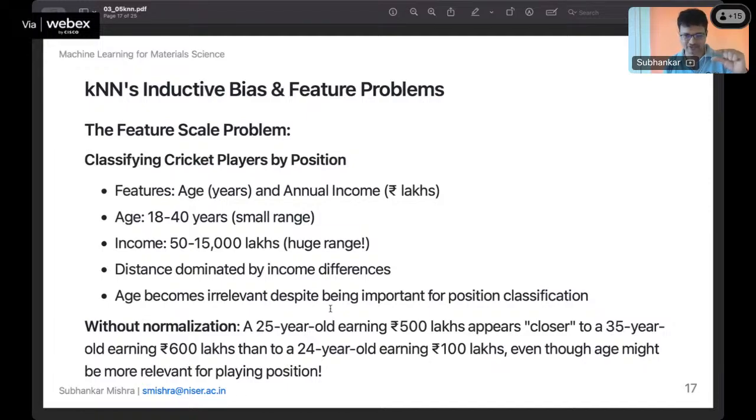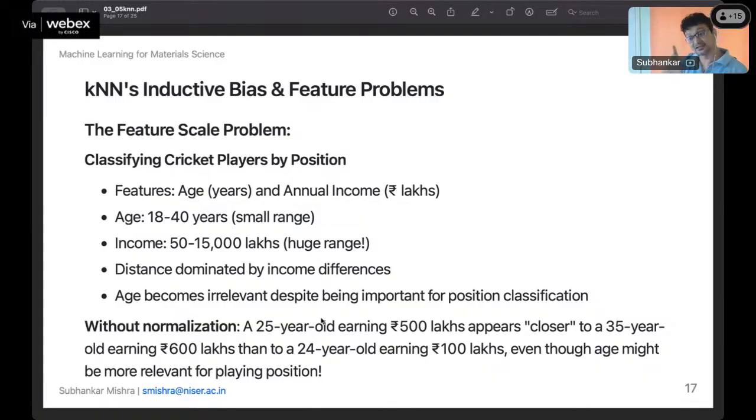In age, we see a minor difference of 1 year or 10 years, but in income we see 100 lakhs of difference. The income dominates the distance we get from age. So there has to be some sort of normalization across features, or some weight has to be given across features.